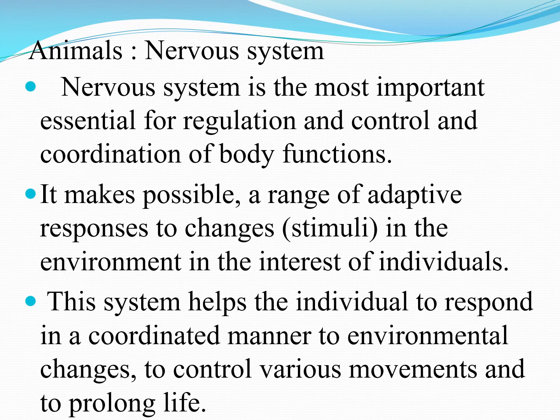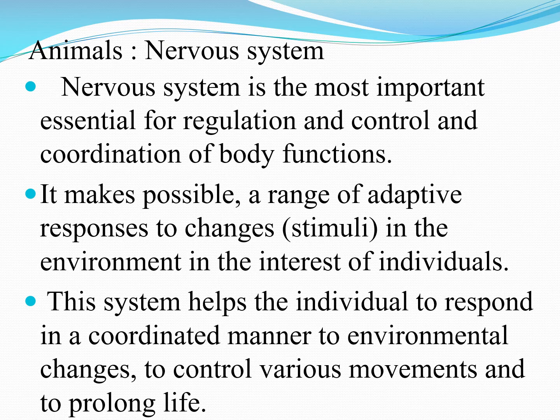Animals' nervous system. The nervous system is the most important essential part for regulation, control and coordination of body functions. It makes possible a range of adaptive responses to changes in the environment in the interest of individuals. That is nothing but stimuli. Whenever we get any stimulus from the environment, immediately what we do, react, that is only response.